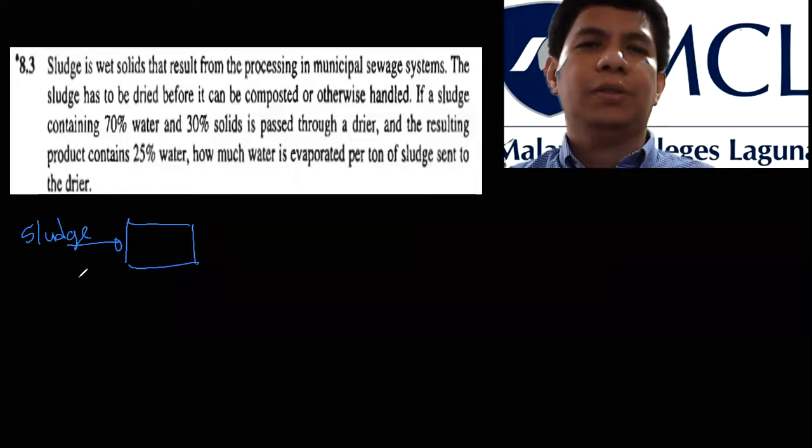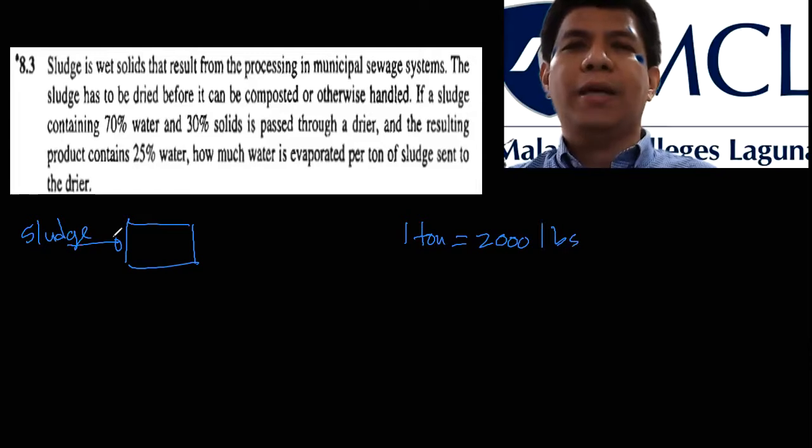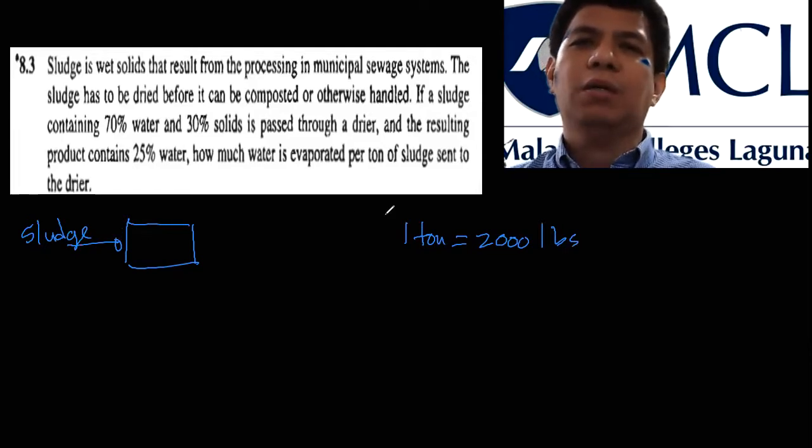Kasi di ba the question is how much water is evaporated per ton? So one ton is equivalent to 2,000 pounds. Okay. As opposed to metric ton, which is equal to 1,000 kilogram.